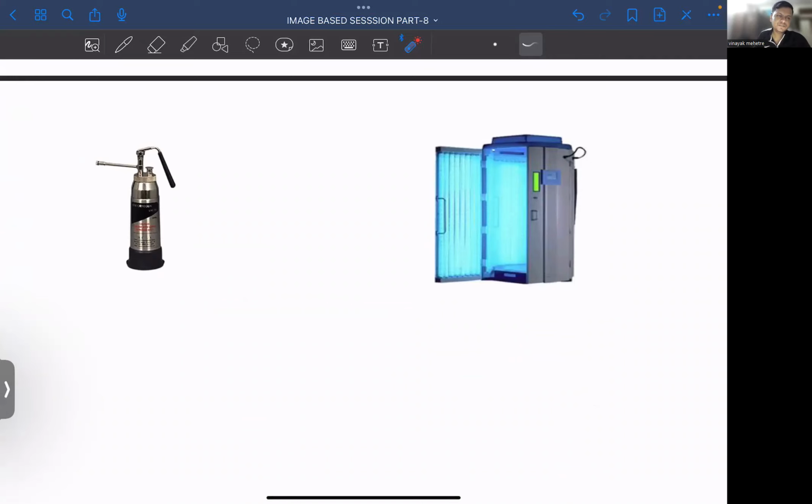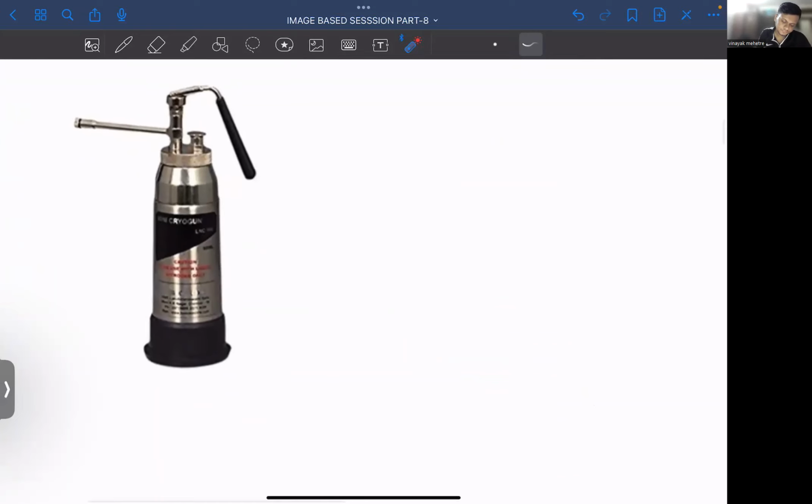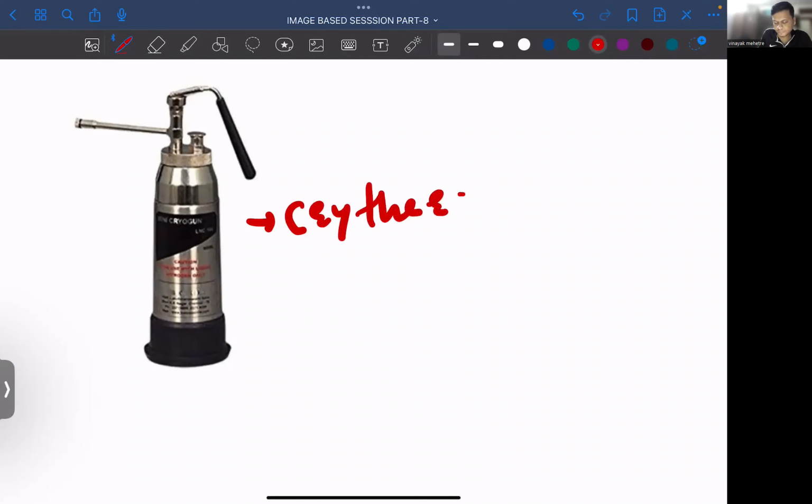Why do we use this? The name is there actually, but when the image comes in your exam, you won't be able to see the name. It is small, right? Cryogun will be used for cryotherapy, right?